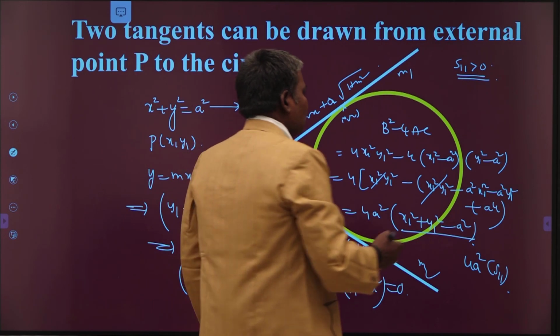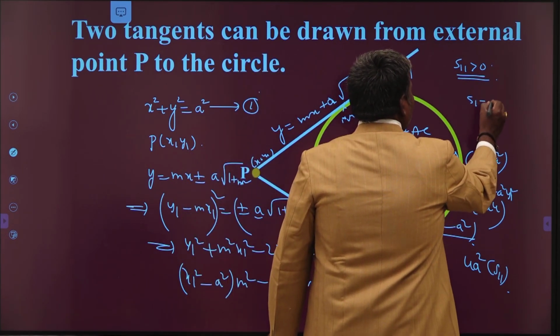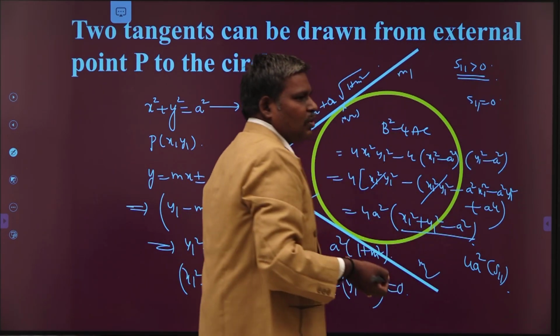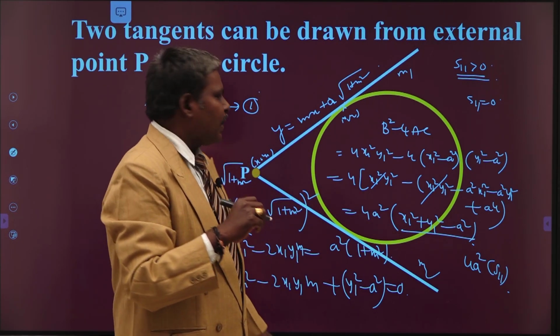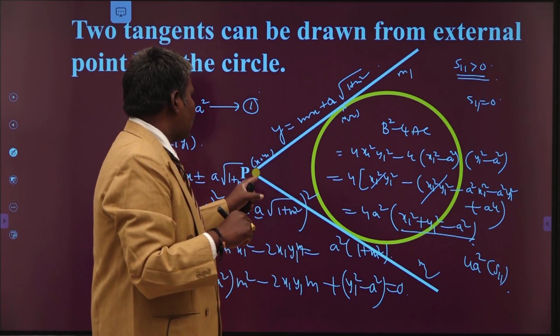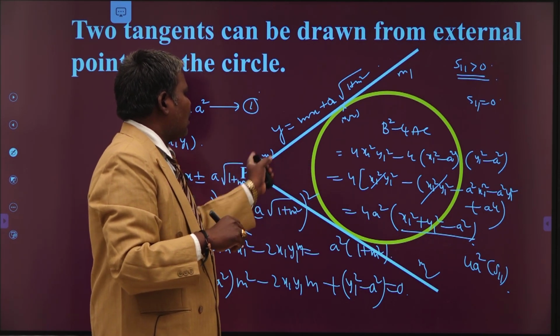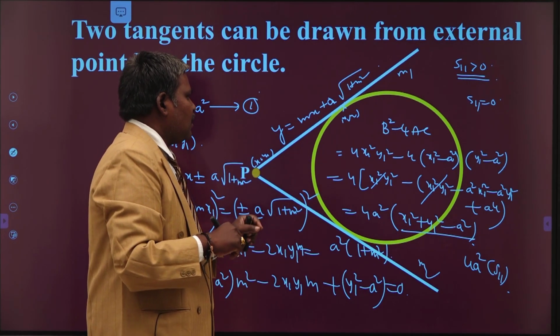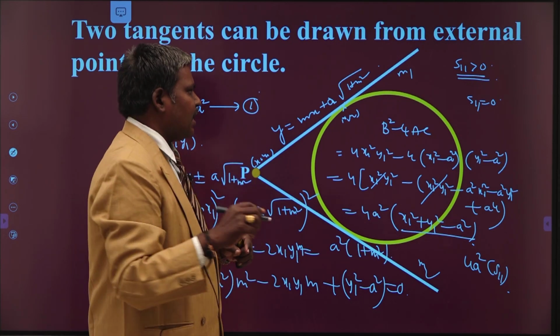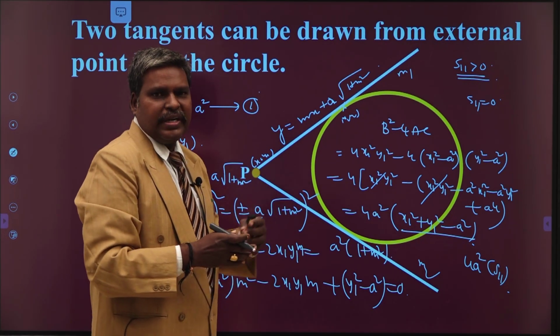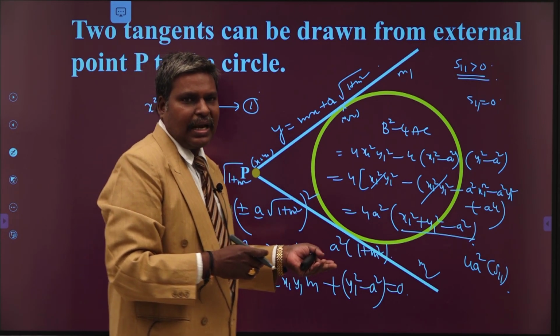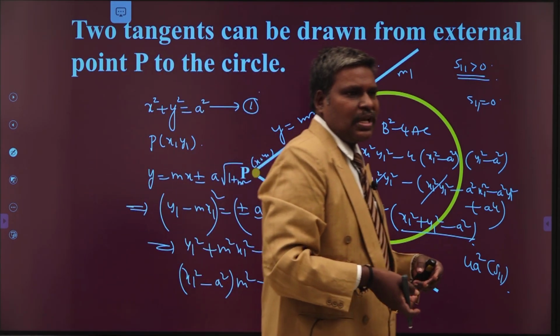In the same manner, suppose your S11 is equal to 0. At what time is S11 equal to 0? When your point is on the circle, your S11 is equal to 0. That means your point lies on the circumference of the circle. At that time there exists only one tangent, because S11 equal to 0 means the discriminant is 0. Discriminant 0 means the roots are real and equal. We mean both m's are coincident.